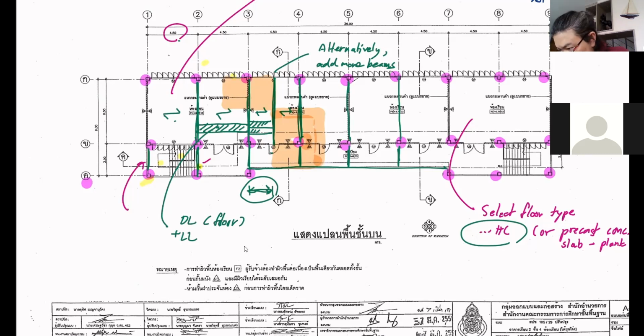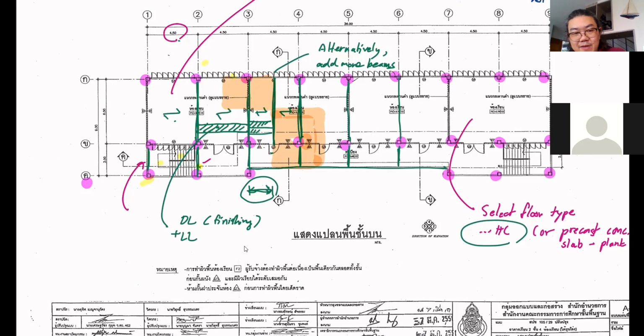I shouldn't say floor, sorry. Finishing. For the finishing you use, of course, nobody is going to live on the bare hollow core concrete. It's going to have to have some finishing on it, whether laminated floor, linoleum, maybe granite, or marble.